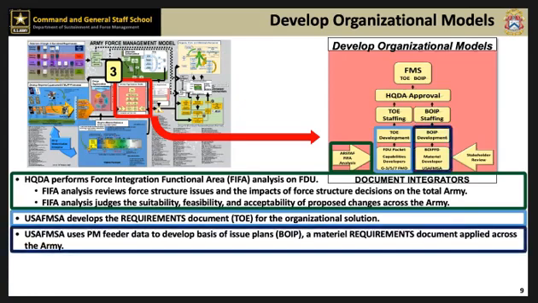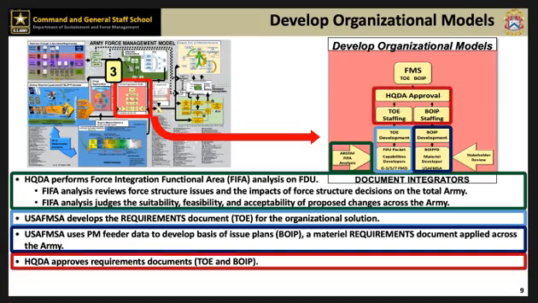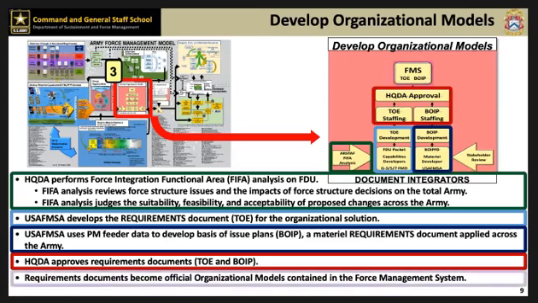USAFMSA uses the data provided by program managers to develop the BOIP, or Basis of Issue Plans. After these requirements documents are staffed, Headquarters DA must approve them. These requirements documents then become organizational models within the force management system.